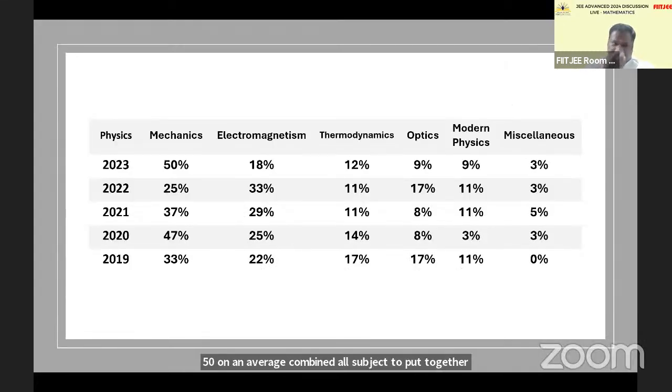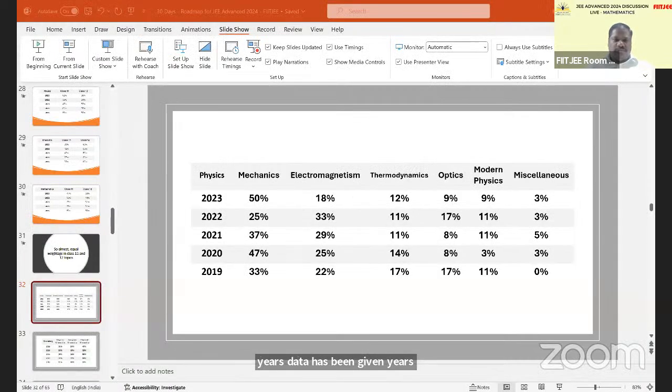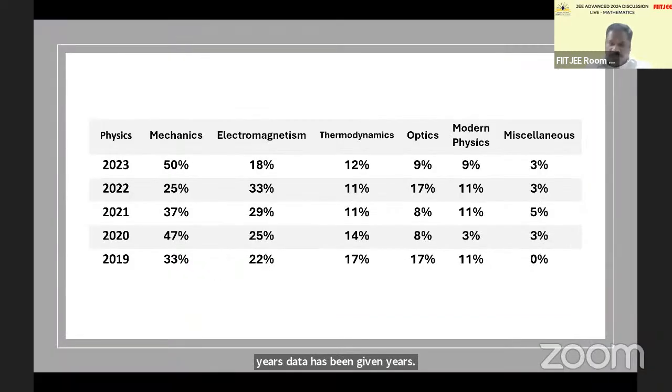So we go to physics again. We see topic-wise what portion is covered and how much weightage it carries in 2022, with the 5 years of data given here. I leave it for you to go and observe that.